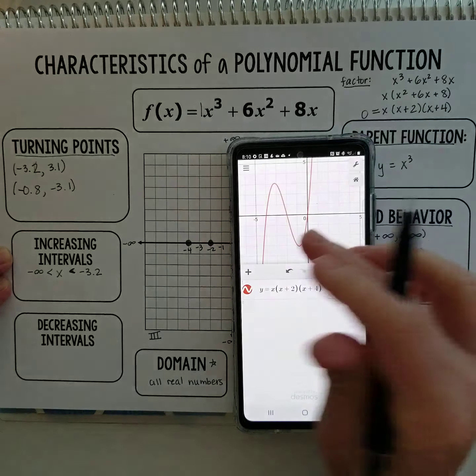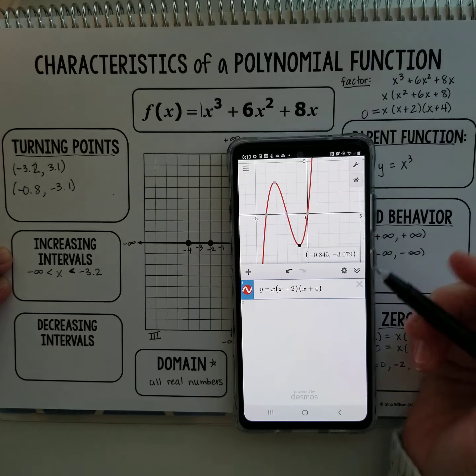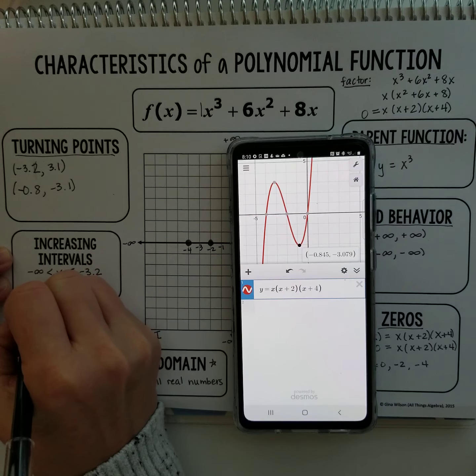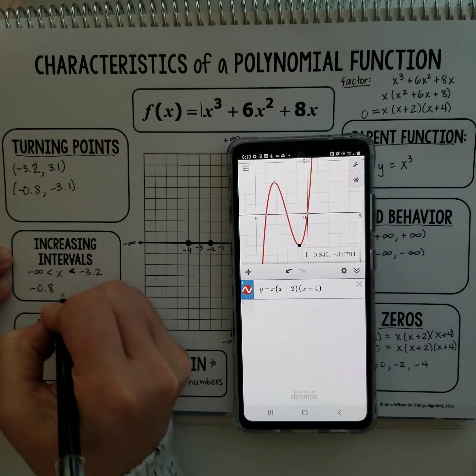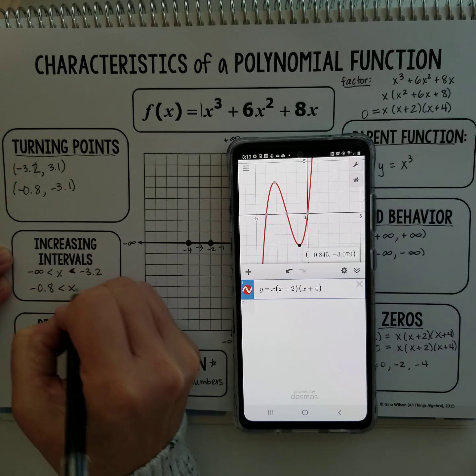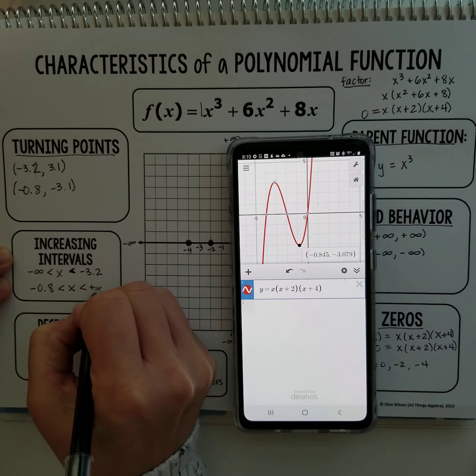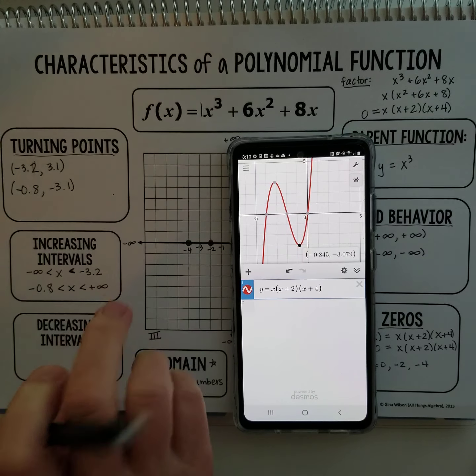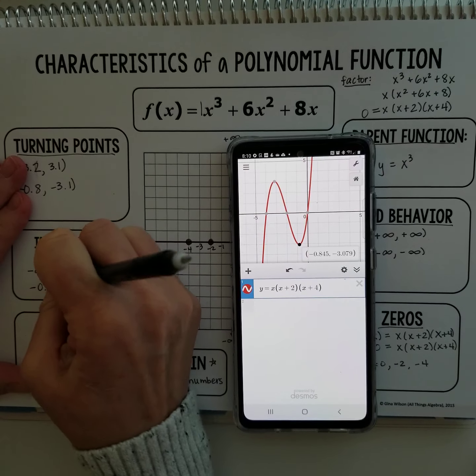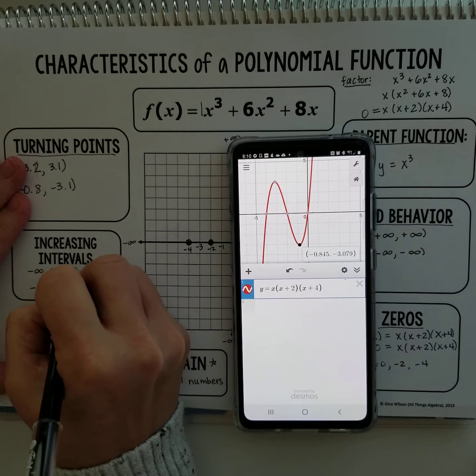And so we look at our x value there, at negative 0.8, greater than x greater than positive infinity. And remember, no greater than or equal, only greater thans, okay? Only betweens.